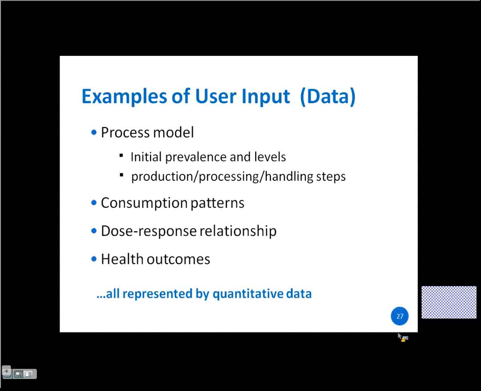Because of its linkage to intervention in the food chain, I will elaborate a little bit more on the process model. And after I go over the user inputs in this example, in the live demonstration, our colleagues from RSI will show outputs from iRISK.